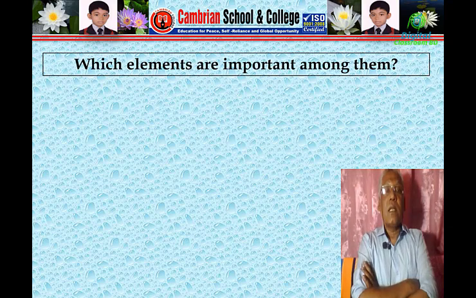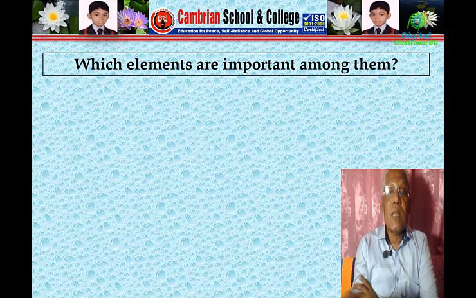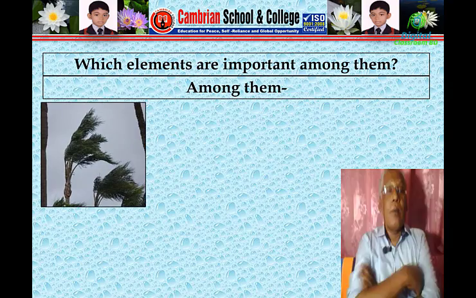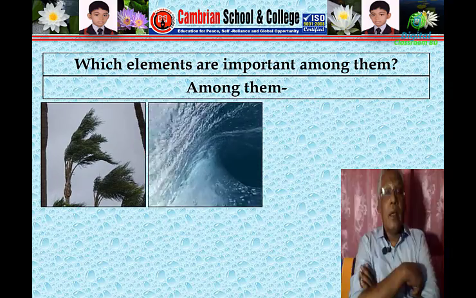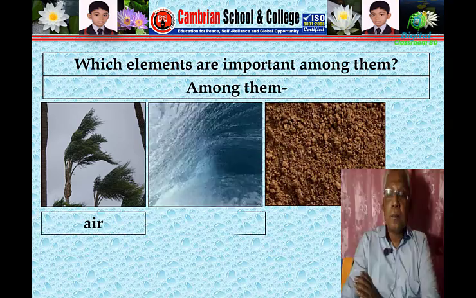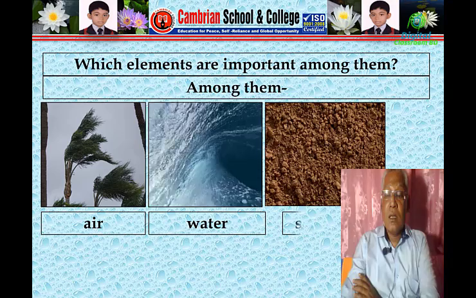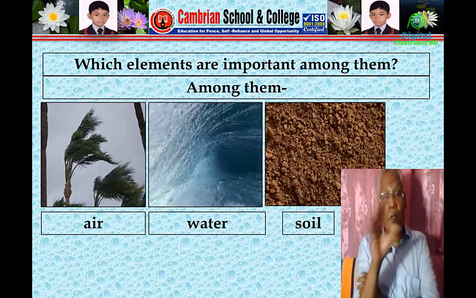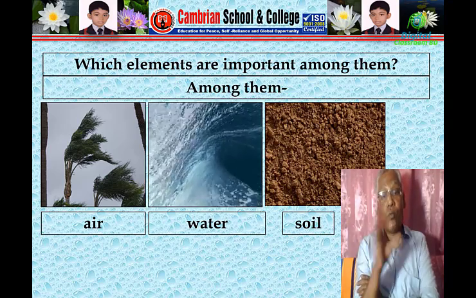Which elements are important among them? Can you see? Look at it. Among them, air, water, and soil are the most important. So you have to remember these three things: air, water, soil.